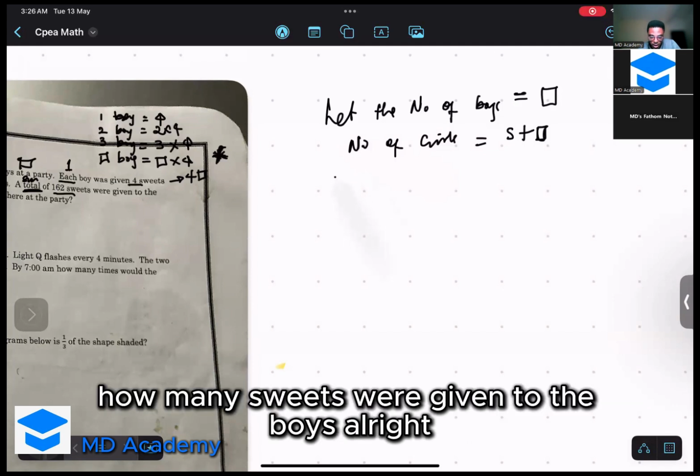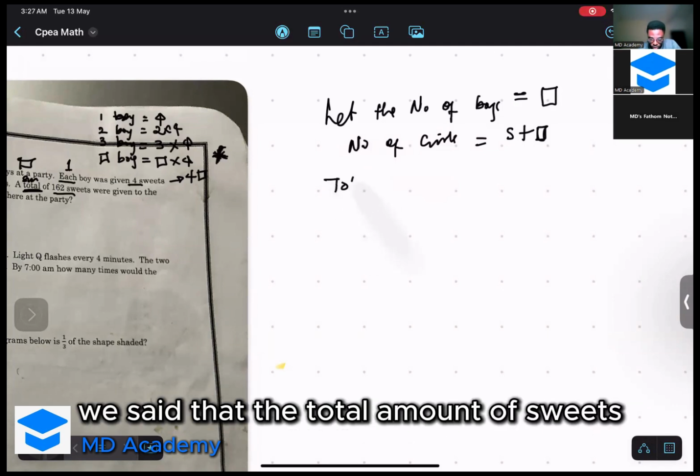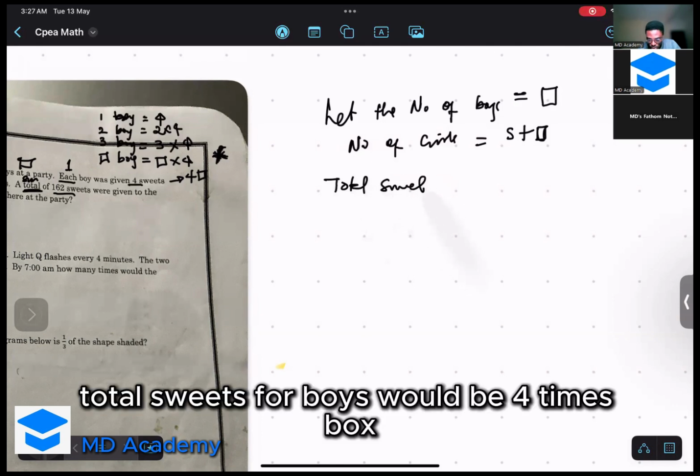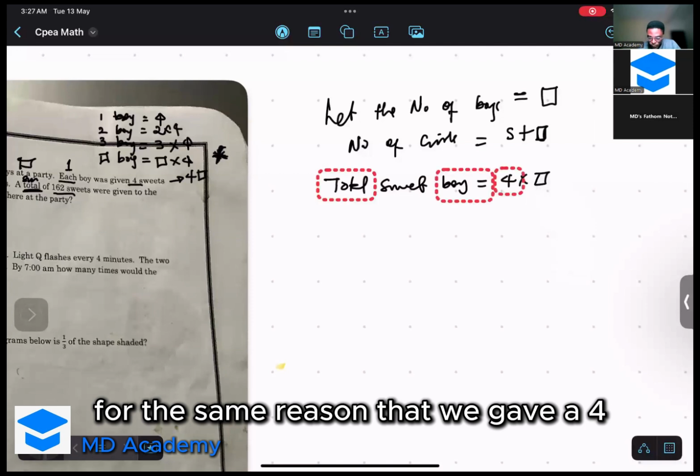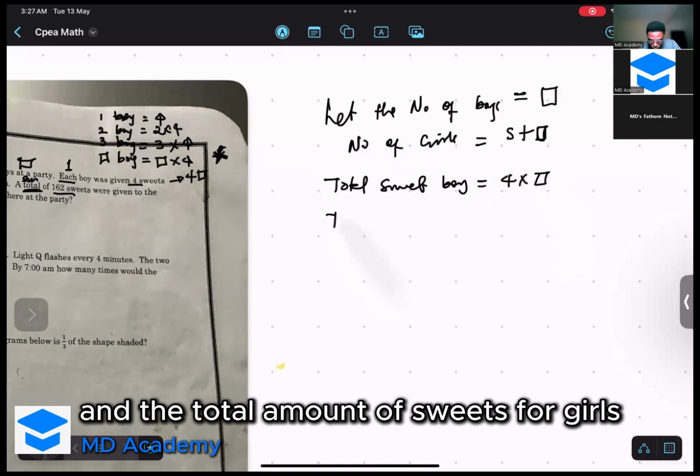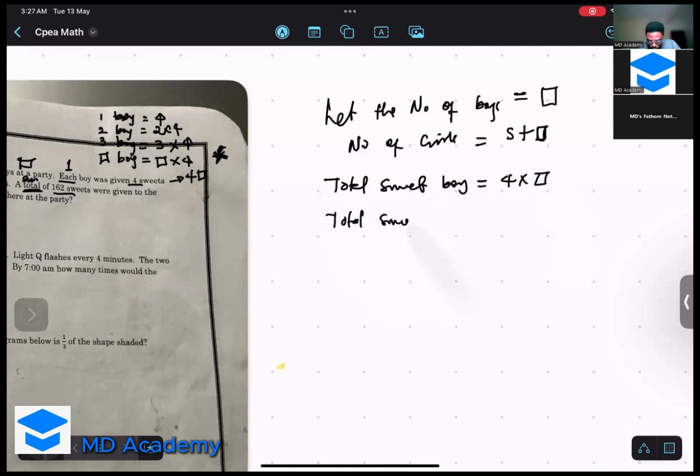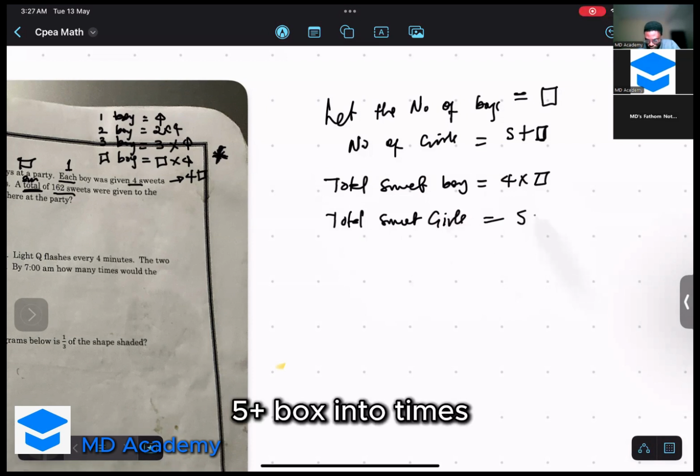Now, the next thing is how many sweets were given to the boys. We said that the total amount of sweets for boys would be 4 times box, for the same reason that we gave for 4. And the total amount of sweets for girls would be equal to 5 plus box, times.